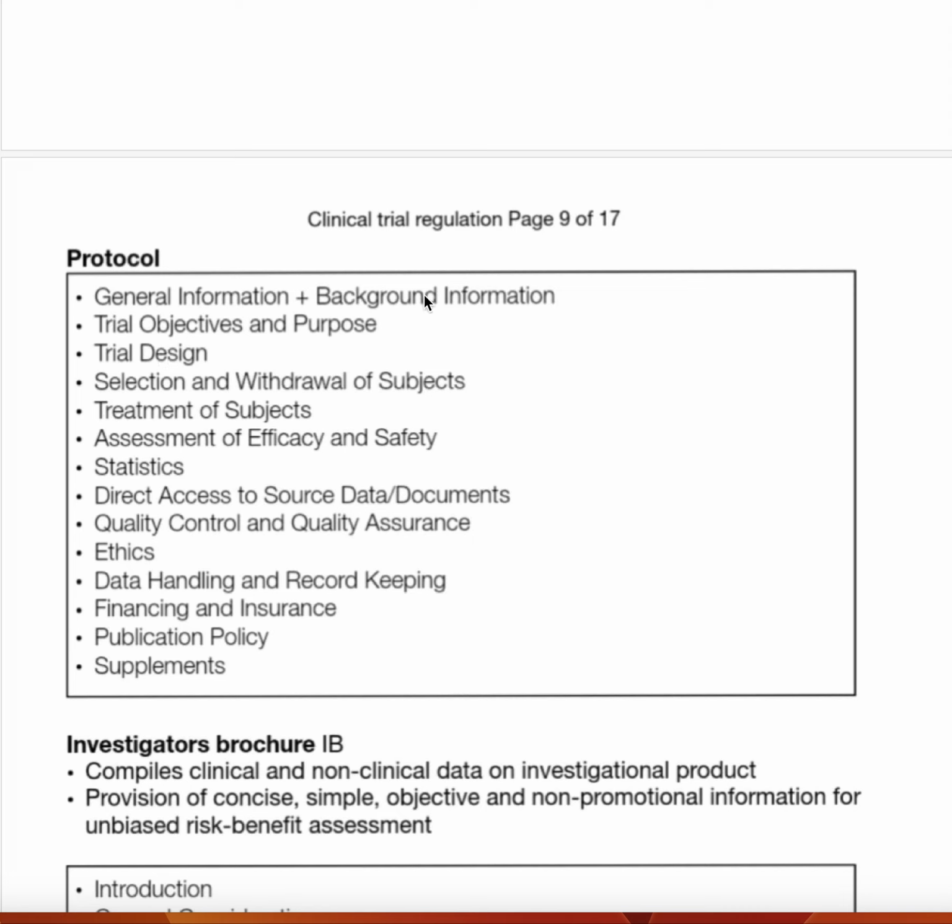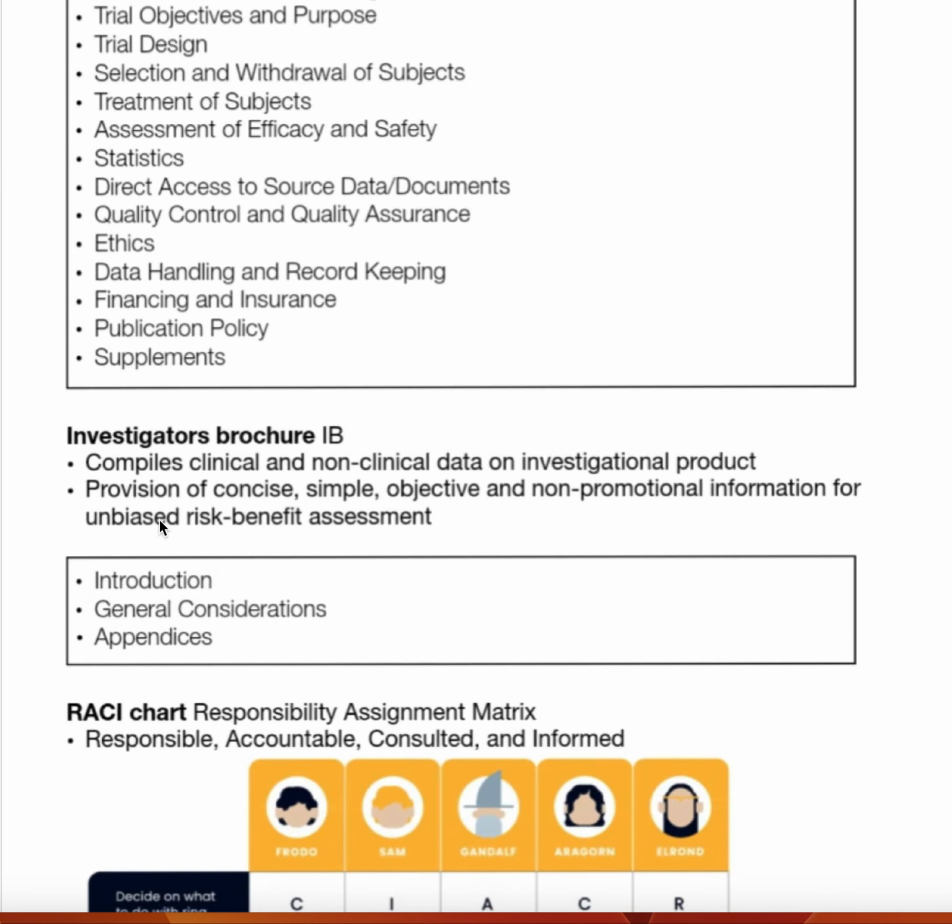It should have the trial objectives and purpose, the trial design, selection and withdrawal of the subjects, treatment of the subjects, assessment of efficacy and safety, statistics, direct access to source data or documents, quality control and quality assurance, ethics, data handling and record keeping, financing and insurance, publication policy, and supplements. All these things should be present in the protocol.